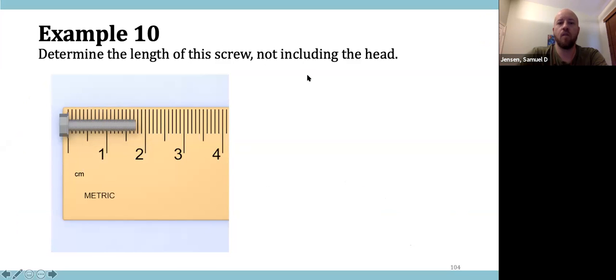So here would be another good test question. What is the length of the screw? Doing measurements is something that we all have to do. If you're building a deck, you've got to be able to read your measuring tape, right?